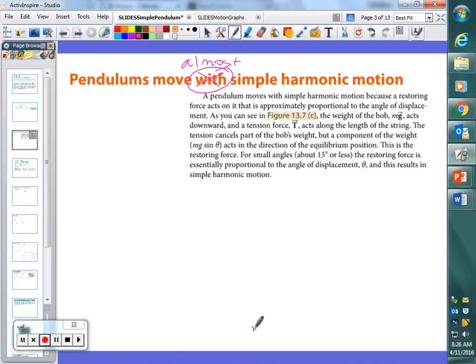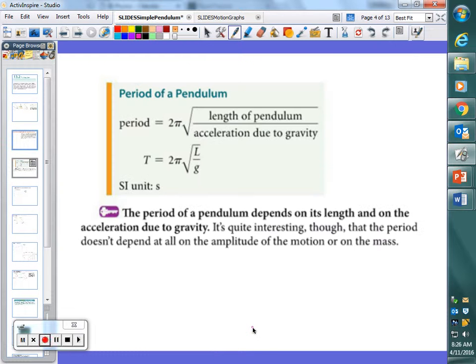What did we learn about the period of a pendulum on Friday? Remember? Determined by length, right? That the length of the pendulum is really what determines its period. And so here we have these two pendulums, one short, one long. We see that the period of the shorter one is shorter, a smaller amount of time than the period of the longer one.